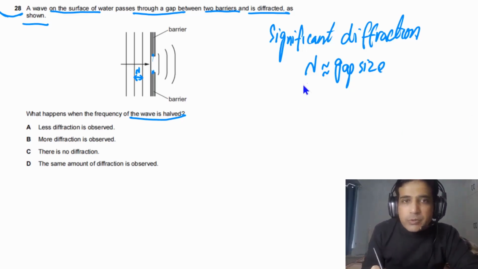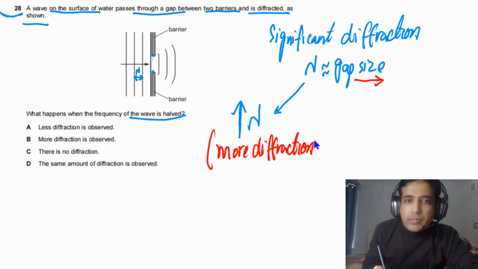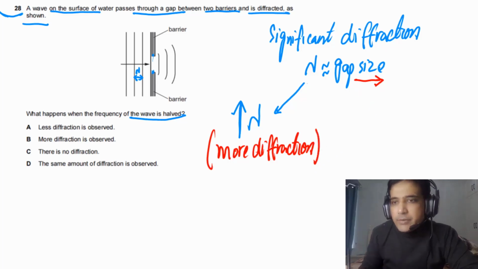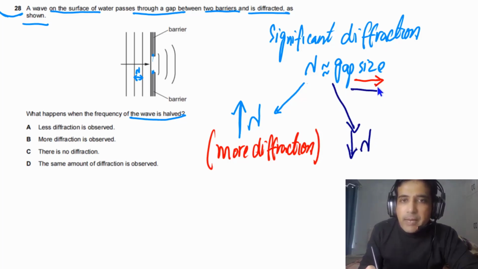Also, if we increase lambda but keep the gap size the same, there will be more diffraction. On the other hand, if we decrease lambda and keep the gap size the same, there will be less diffraction.